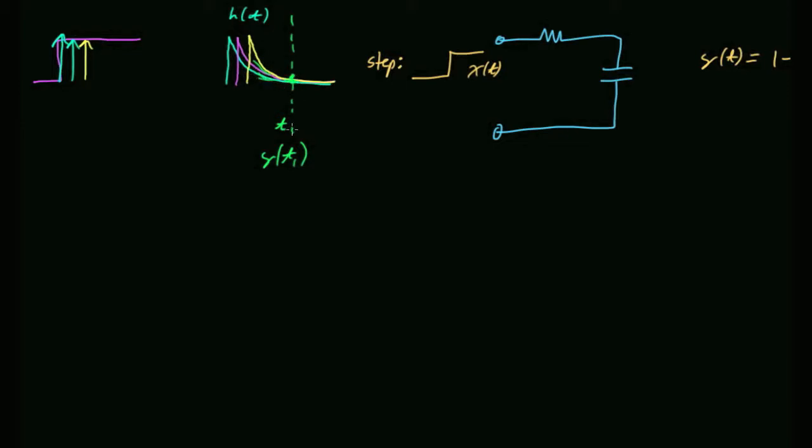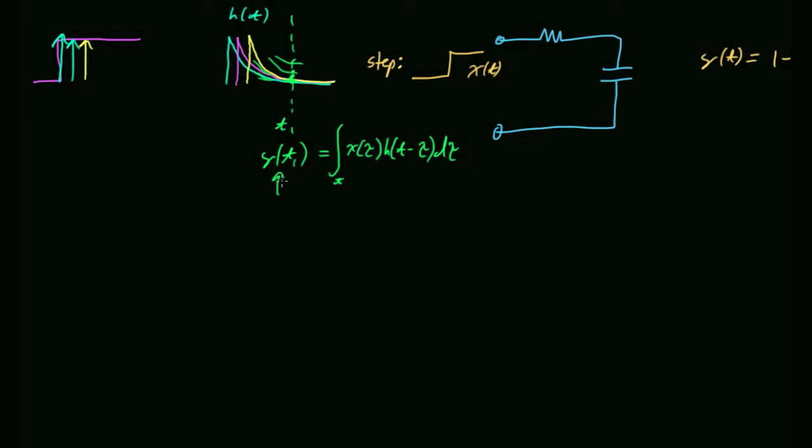So essentially what you would need to do to get y of t1 is to add together all those impulse responses at that time. And that's exactly what the convolution integral is doing. If you want to know y at this time, then you've got to use the convolution integral. You've got to integrate over all tau, x of tau, h of t minus tau, d tau, and what that effectively does is it adds all those together and will tell you what the response is at that time. Sick, but it works.